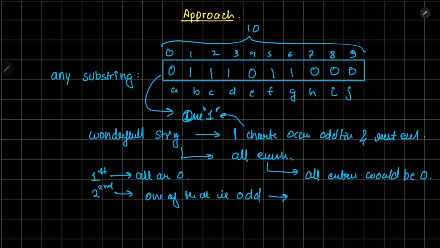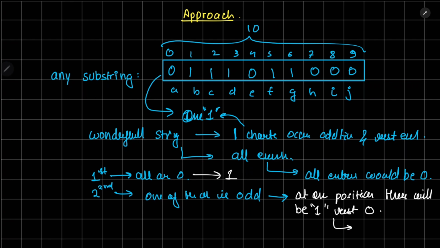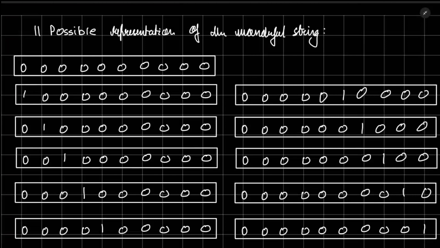This means that at one position there will be a 1 and the rest 0. For every place, if we place 1 and the rest are 0, we can have at max 10 representations. So in total we have 11 possible representations for a wonderful string.